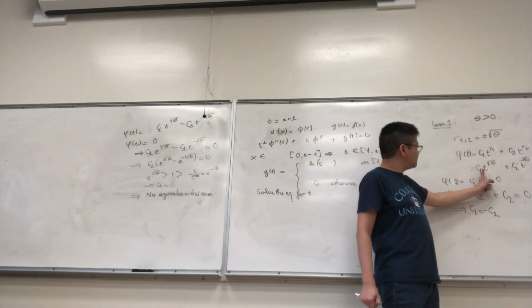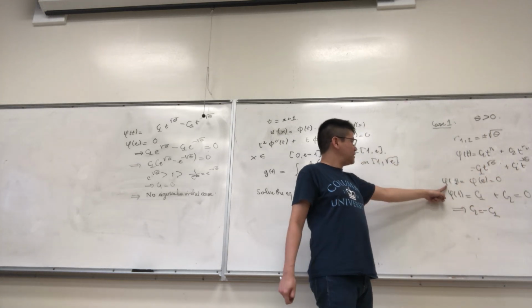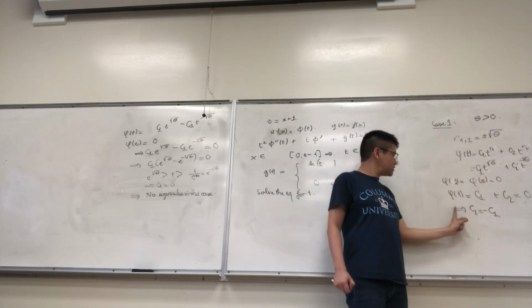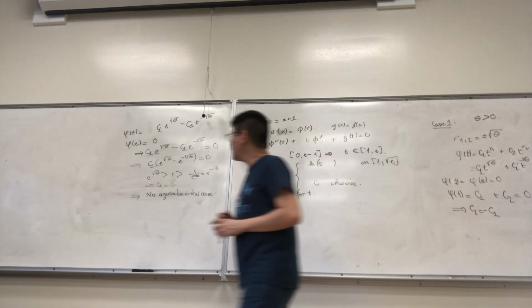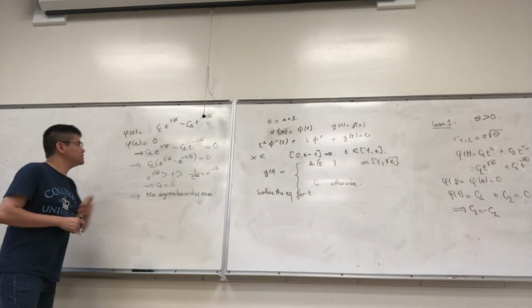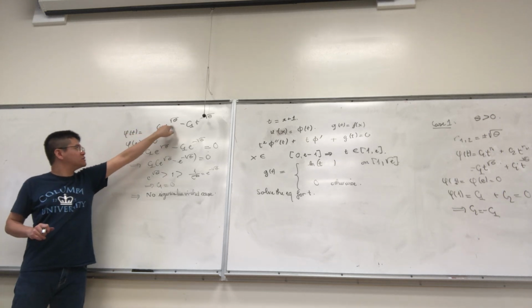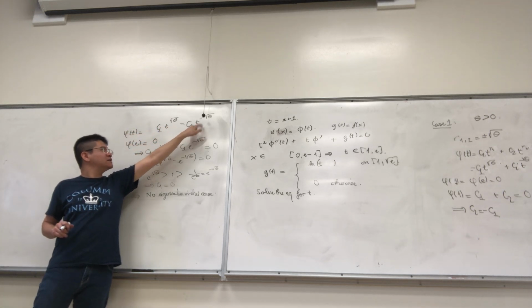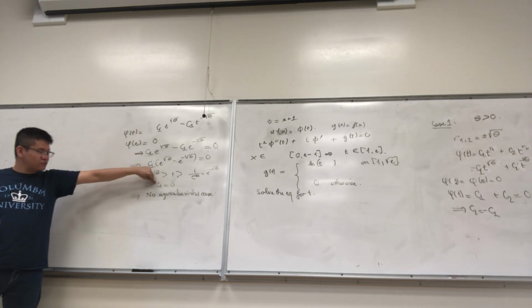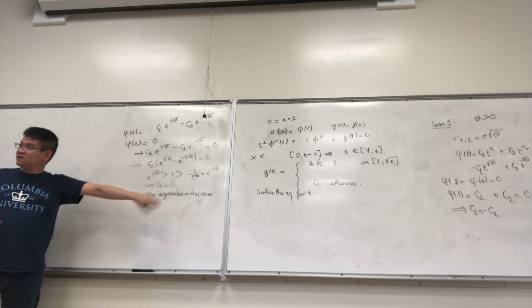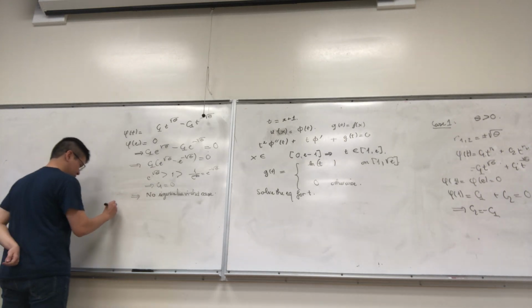So you have C1 t to the square root of theta plus C2 t to the minus square root of theta. I use the two boundary conditions. The first boundary condition gives me C1 plus C2 is 0, which means that C2 is minus C1. So I plug C2 to be minus C1 here, so phi(t) is C1 t to the square root of theta minus C1 t to the minus square root of theta. So I use the second boundary condition. I conclude that C1 is 0, which means that in this case you don't have anything.